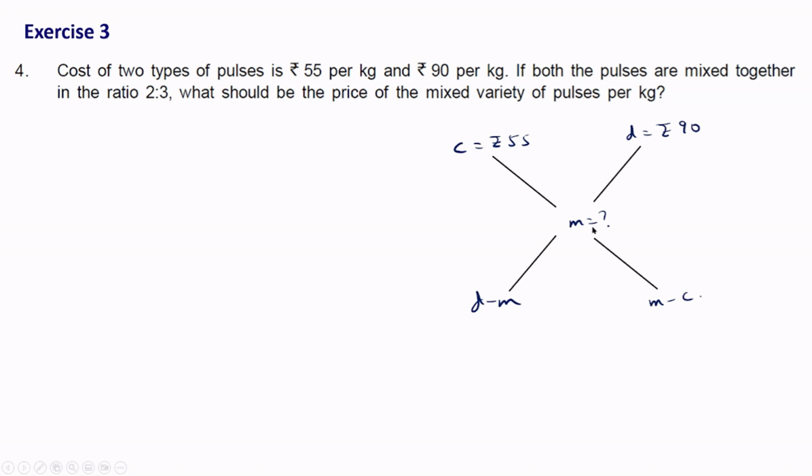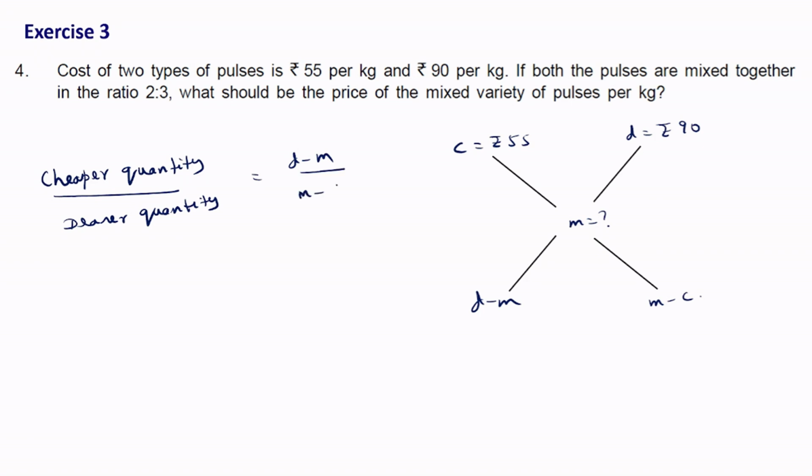So using that we can find M. Cheaper quantity upon dearer quantity is nothing but D minus M upon M minus C. This ratio is given as 2:3, which is 2 by 3. This is equal to, D is 90, 90 minus M upon M minus 55. So from this we can find M.